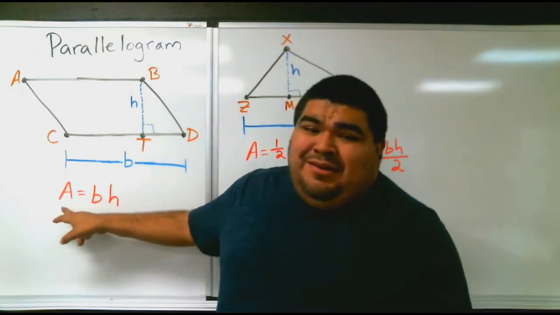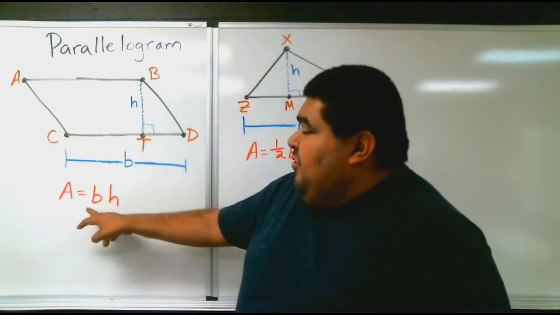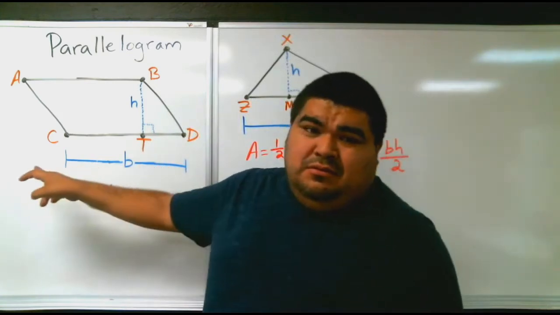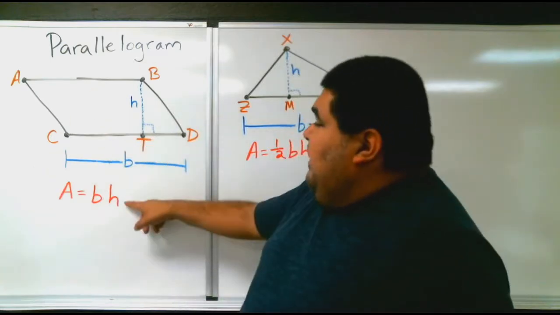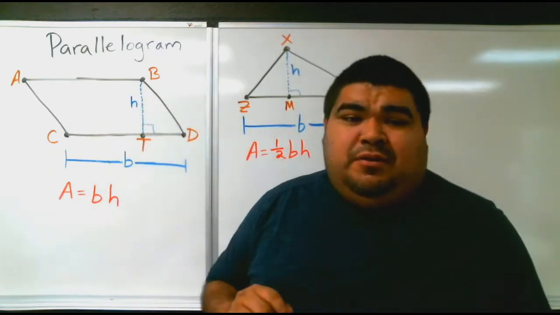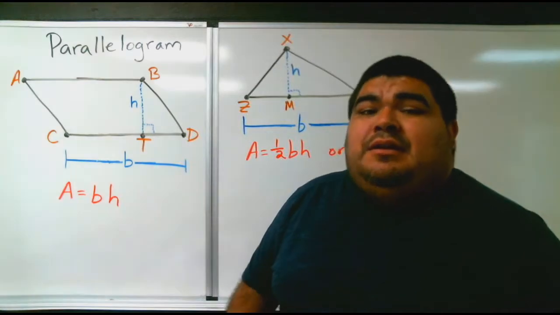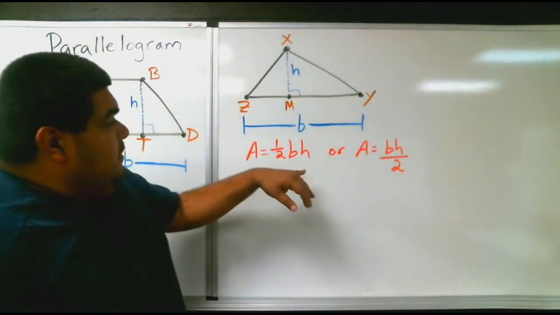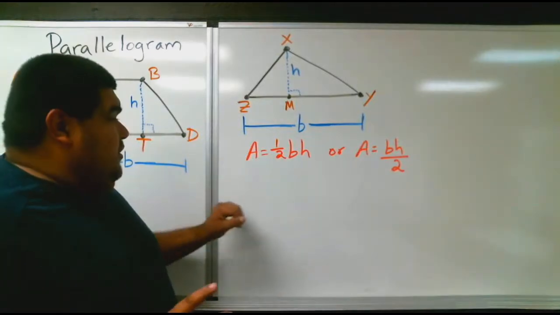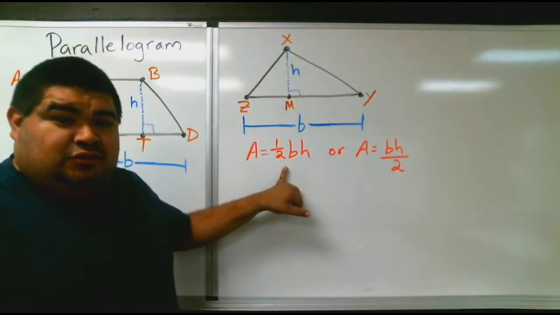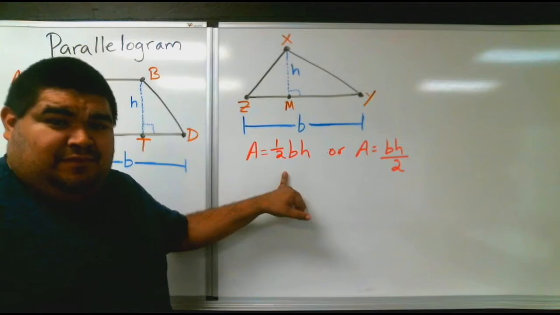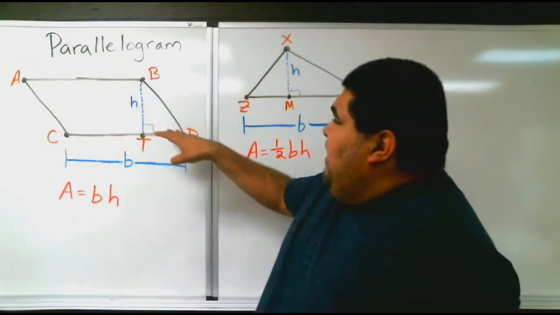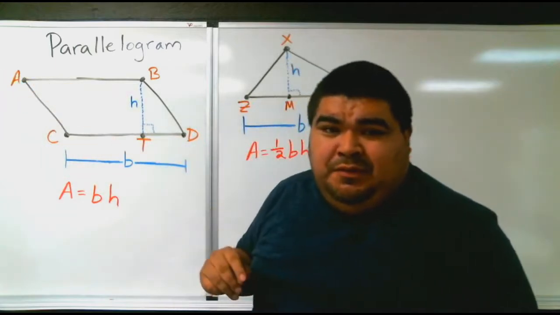In order to find the area of the parallelogram, you have to multiply the base, which is the bottom line where it sits, and the height of the parallelogram. It's kind of the same thing for the triangle. The only difference is that for a triangle, you have to cut it in half, because if you cut a parallelogram in half, it becomes two triangles.